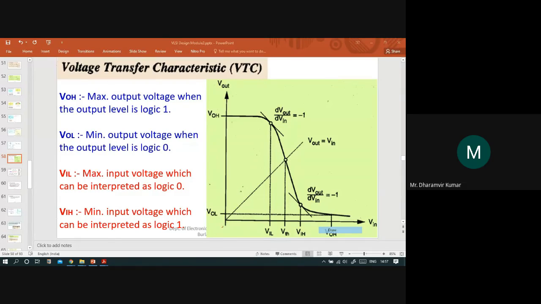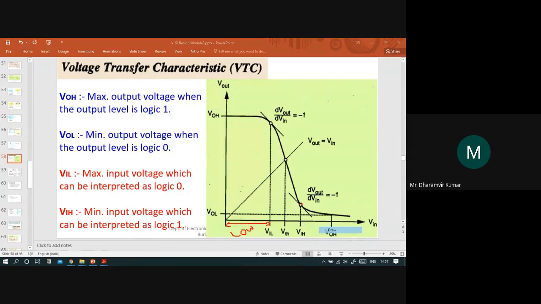So from here to here, the input voltage range, from 0 to VIL, will be considered as a low logic value, and the output is high for this range.